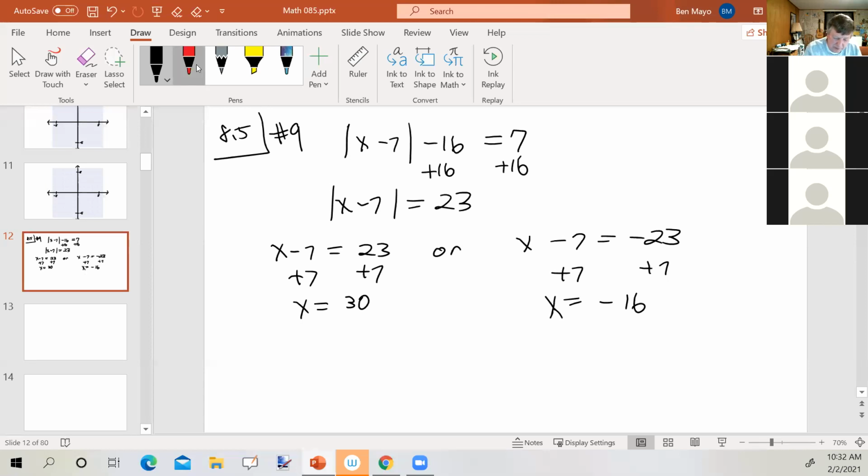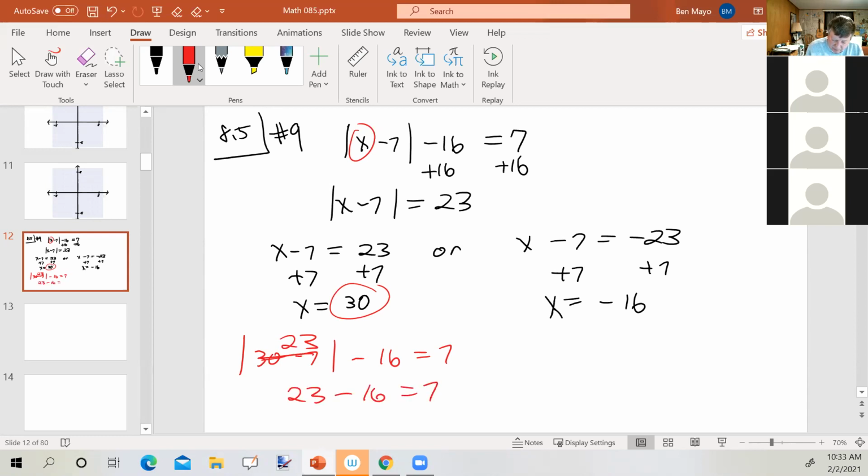Let's check our answers. If x is 30, we're going to have the absolute value of 30 minus 7, minus 16 equals 7. 30 minus 7 is 23. The absolute value of 23 is 23. 23 minus 16 equals 7, so x equals 30 checks. Now let's try negative 16.